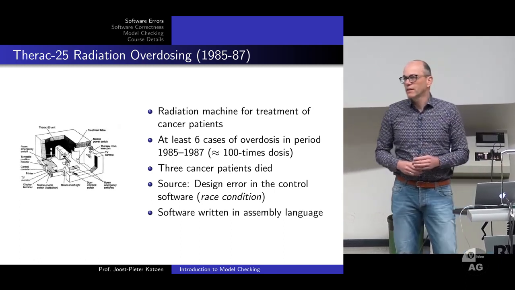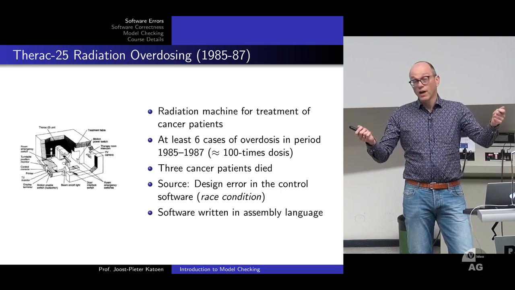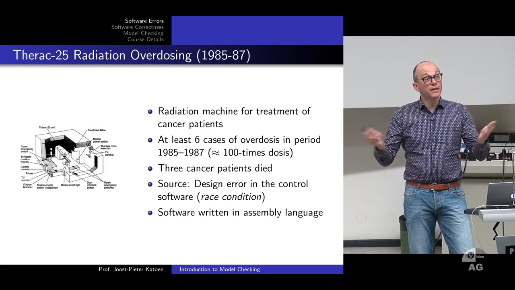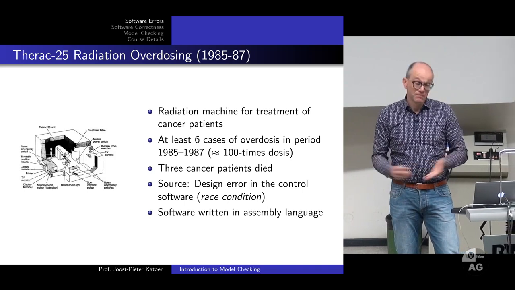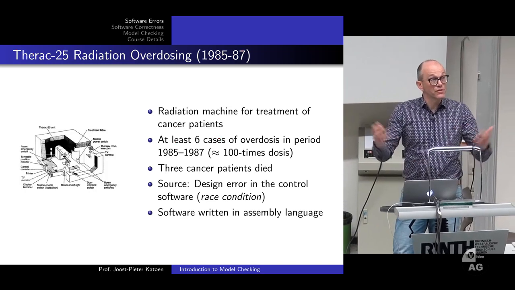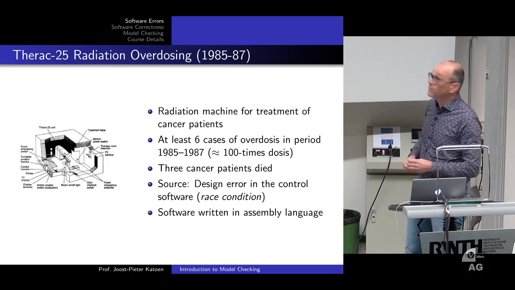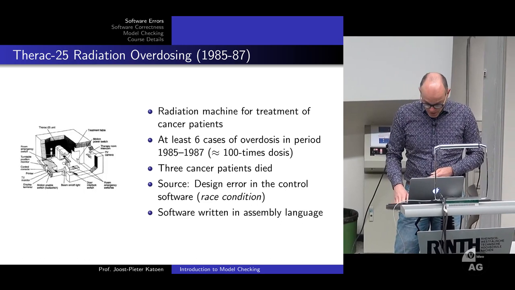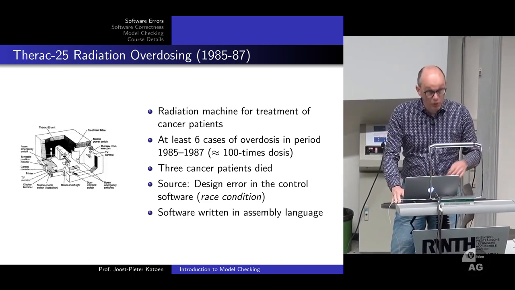And intuitively speaking, this is something like you have a multi-threaded system, and one task, let's call it A, is waiting for B, but B, vice versa, is in a similar state and waits for A. Then they call this a race condition, and then you can imagine that this can have some consequences. At that time, the software was written in some kind of assembly language, especially for performance reasons. Nowadays, of course, we use most of the time, not always, other languages.